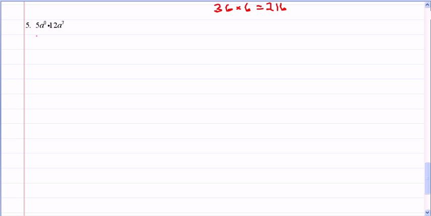And for number 5, 5 times 8 to the 0 times 12 a to the 7th. So I'm first going to write out this problem. 5 times 8 to the 0 times 12 a to the 7th. Property 4 says that any base raised to a power of 0 is equal to 1. Be very careful that you don't eliminate the 5. 5's power is 1.